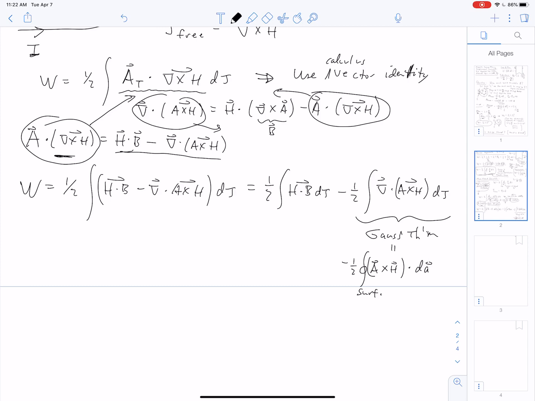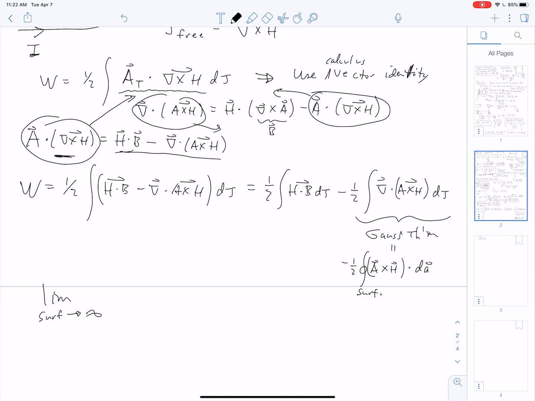And so what we do next is we realize that we can now take the limit as the surface goes to infinity, because that doesn't change anything in this integral. We can always take the surface to infinity because all the derivation we did so far doesn't depend on the size of the surface that we're integrating.